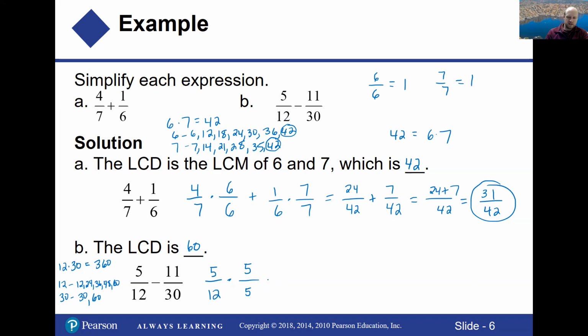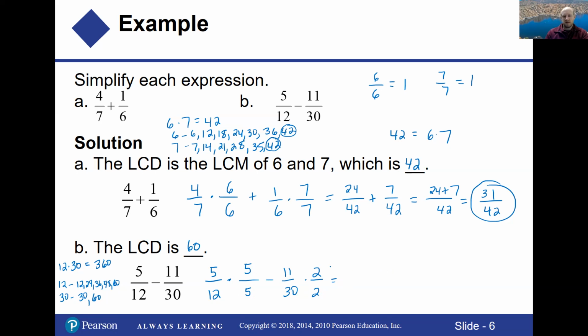It's just changing the numbers, but it's still 5/12 if I simplified it. And then 11 over 30, what do I have to multiply the 30 by to get to 60? Well, I have to multiply it by 2. Okay, so now I am going to have that common denominator of 60 when I multiply 12 times 5 and then 30 times 2.